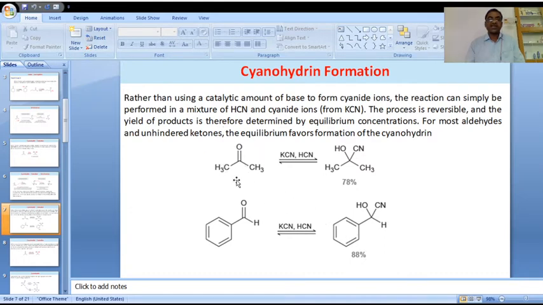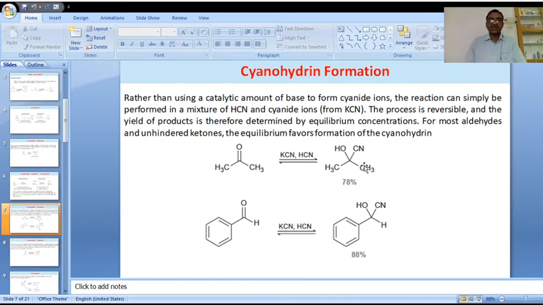Here once again, please concentrate on the reaction part. Acetone, a ketonic functional group, on reaction with HCN, hydrogen cyanide, in presence of potassium cyanide catalyst forms cyanohydrin, 78%.